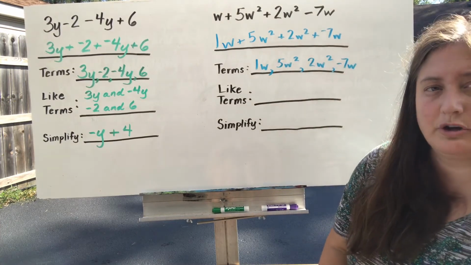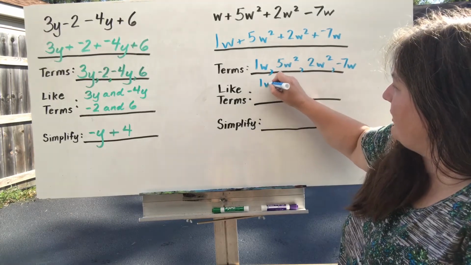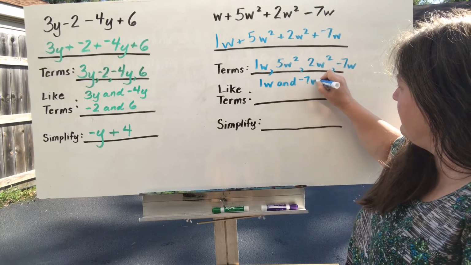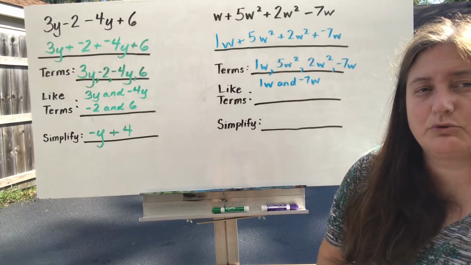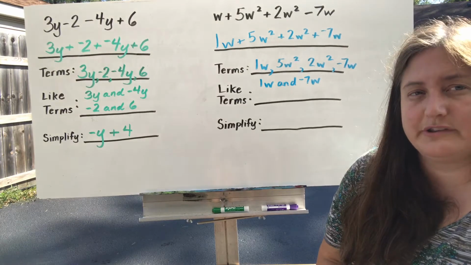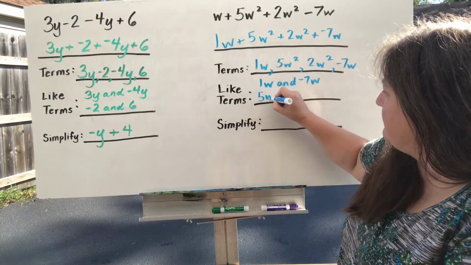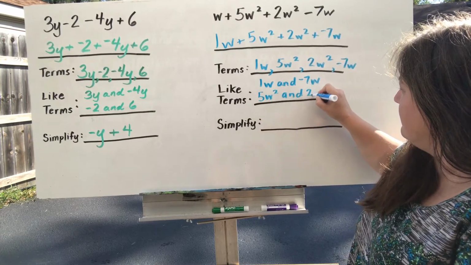I've got two terms that have a w in them. They are like terms, the 1w and the negative 7w. I've also got a pair of terms that have w squared as their variable to the second power. So I've got another pair of like terms. 5w squared and 2w squared would go together.